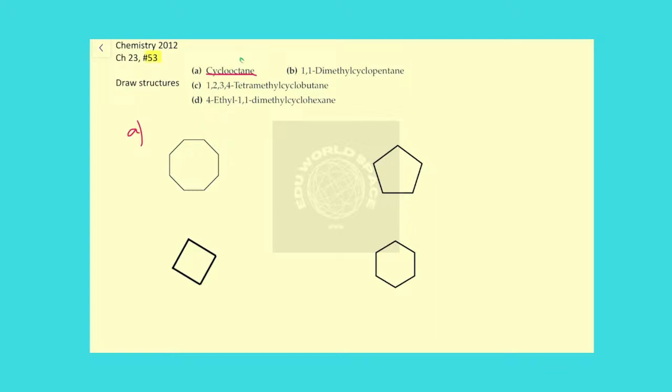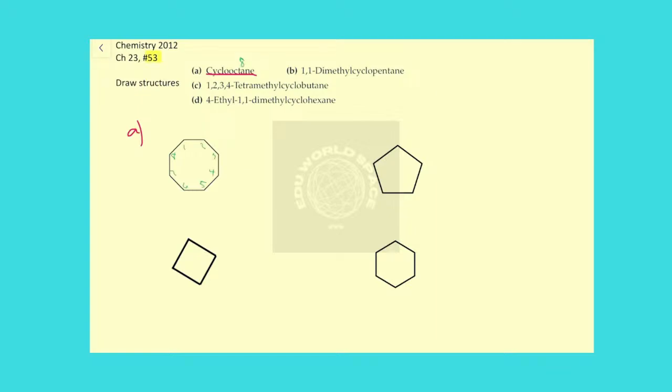Outside of a chemistry context, that's called an octagon. So you're just going to have to draw an octagon, which is what I have here in part A. So I have a cyclic structure with 1, 2, 3, 4, 5, 6, 7, 8 carbons in it. That's pretty much it for part A.